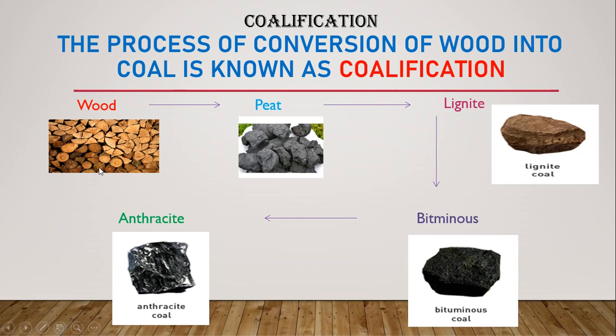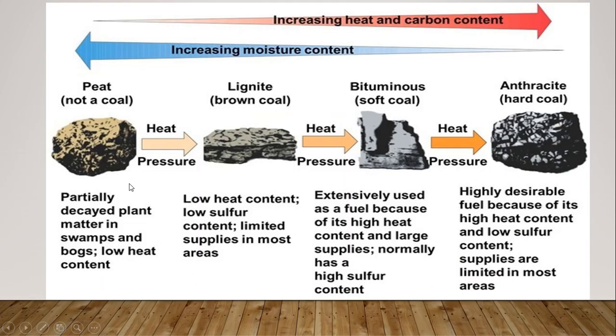Every time the percentage of carbon increases, which means the percentage of unwanted material present in the wood decreases, and hence we can say that anthracite is the purest form of coal. This process from wood to coal is known as coalification.